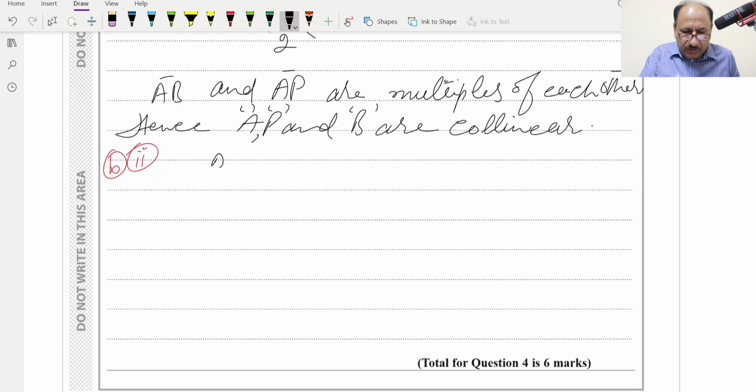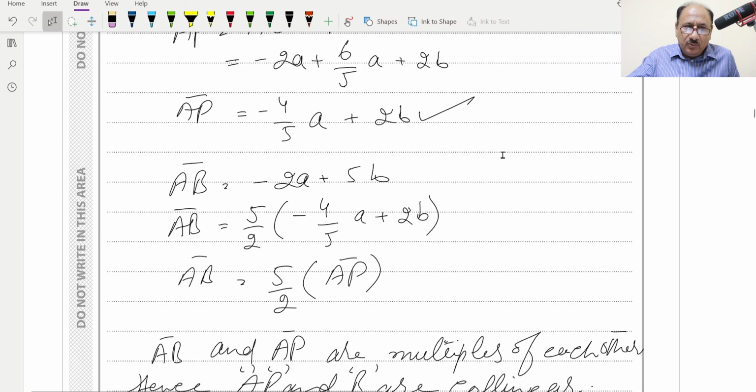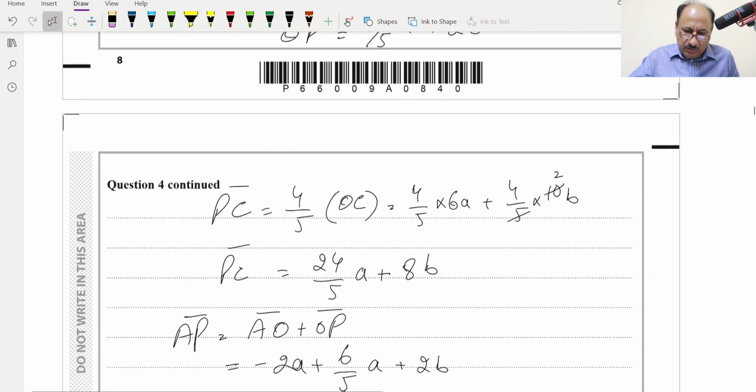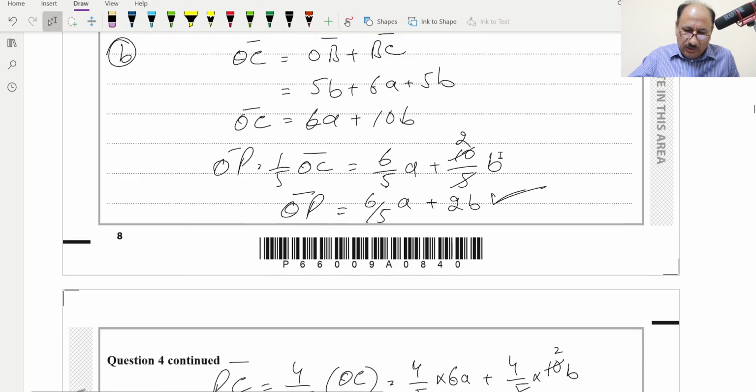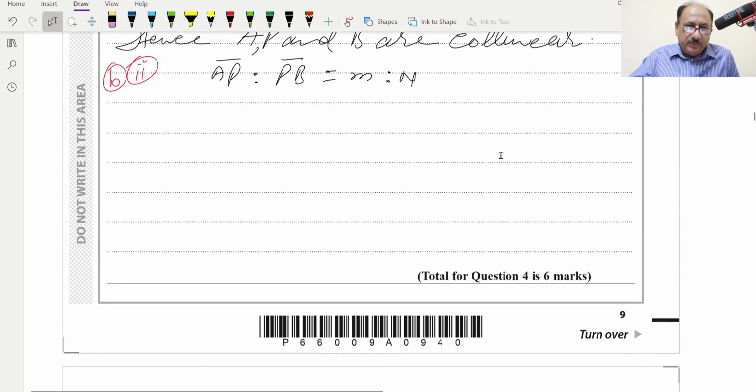I will write here AP ratio PB is equal to M ratio N, and AP and BP values I'm writing from here. AP is this value, and BP we have as well. I will tell you from where we will be taking BP.